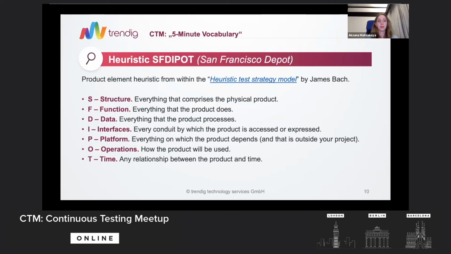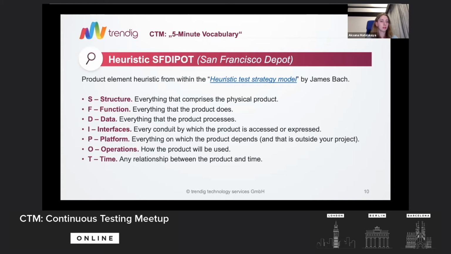S means structure, so you test anything related to the structure, like menus, file structure, documentation structure. F means function, so in this case, you test anything related to application functionality, like functions, calculation, error handling, etc.